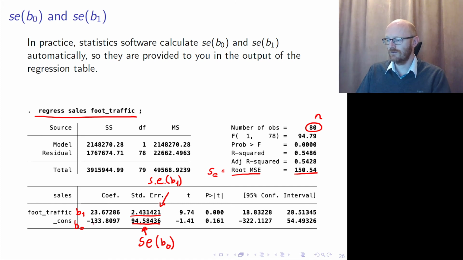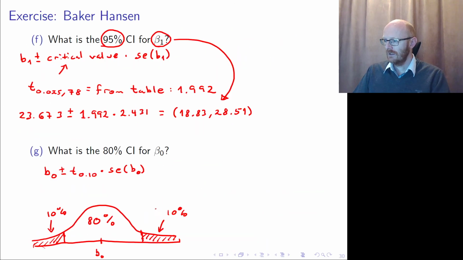It's negative 133.81, and we have the standard error of 94.584, and we can just plug it in, and this would be, let's see, negative 133.81 plus minus, yeah, we need the critical value of course.